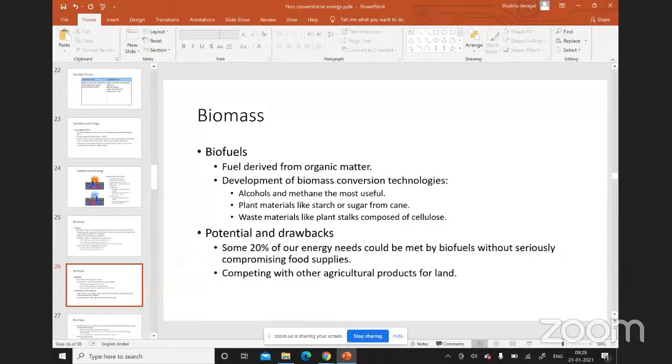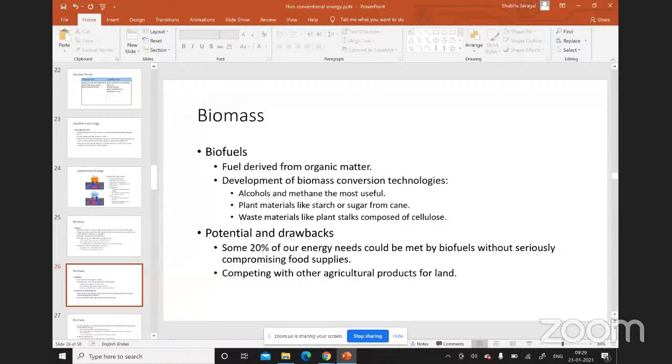The major drawback is that if it is used commercially on a larger scale, there is a fear that it can cause scarcity of food supplies, because most of the food here is being used to generate energy.